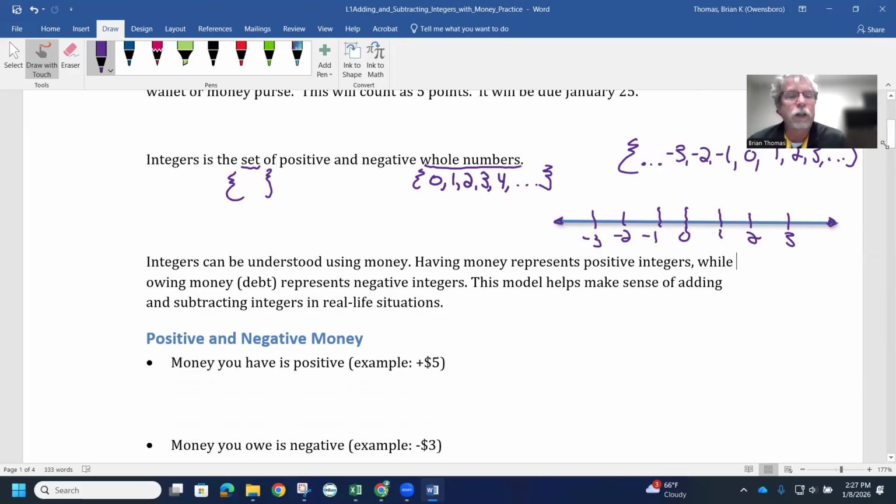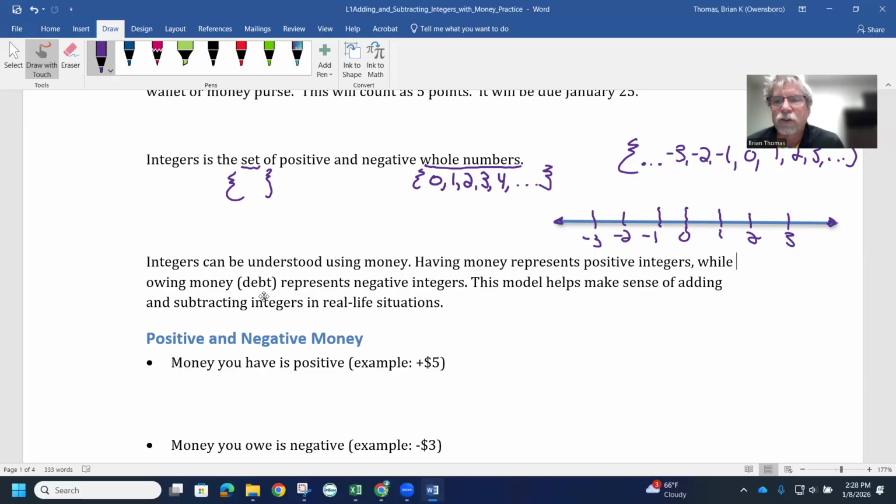So as I was saying, integers can be understood by using money. So when it comes to money, there's what's called having money, and the opposite of having money is not having money. So having money a lot of times represents positive integers, while not having money, we'll call that owing money, or that's our debt, if you will, money that we don't have. Now, money that we have, we actually can touch it. That's concrete.